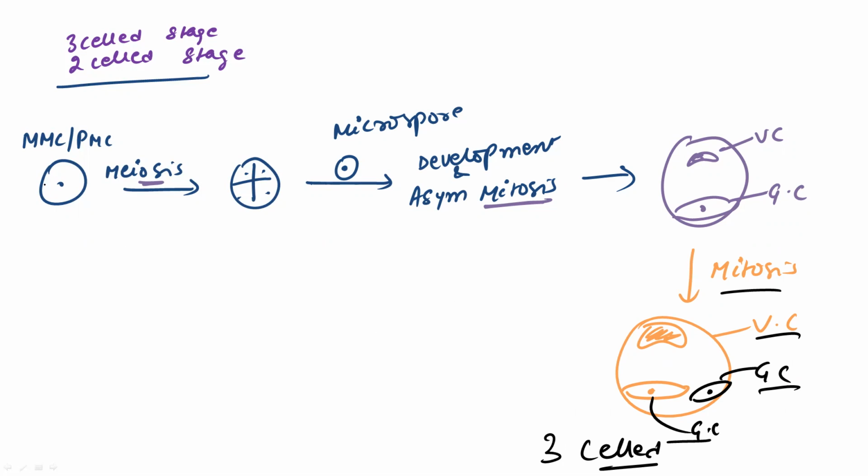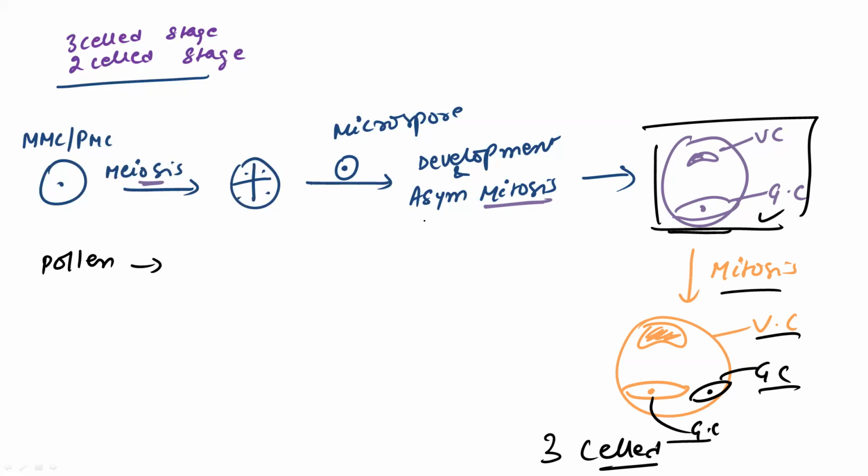But the thing is that when the pollen is being released, at that time, what is the stage of the pollen grain, or what does it consist of? Generative cell or vegetative cell. So that is basically your two-celled stage or the three-celled stage, right?